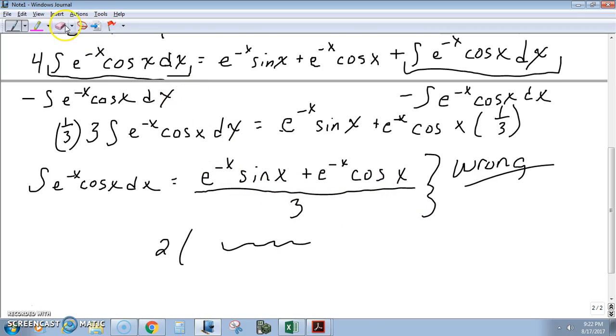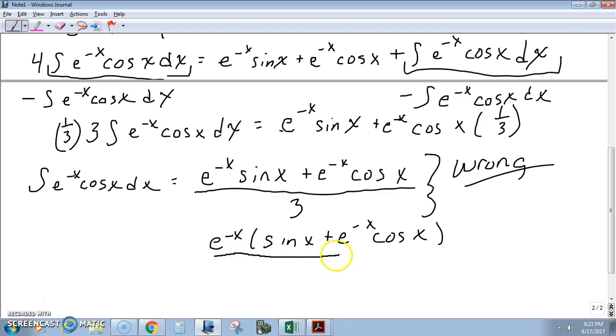Well, here, maybe you guys, what if I did this? Maybe this is where they got the 2. What if I can factor out this e to the negative x? So we have e to the negative x, oh, I think this is something that they did, times sine x plus e to the negative x cosine x, okay, all over 3.